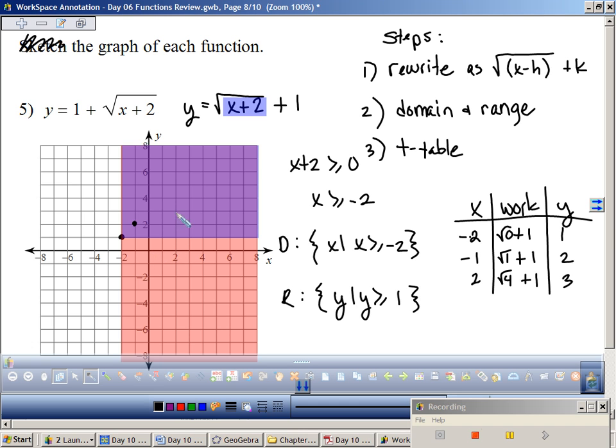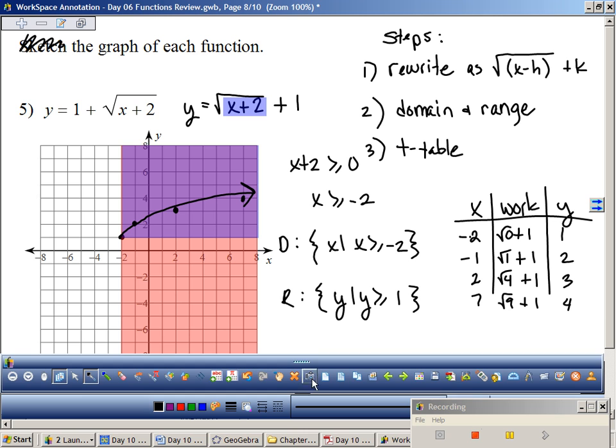So 2, 3, 7. If I put 7 in there, I would get the square root of 9 plus 1, which is 4. Pretty easy, right? Questions? I'll let you guys finish copying that down.